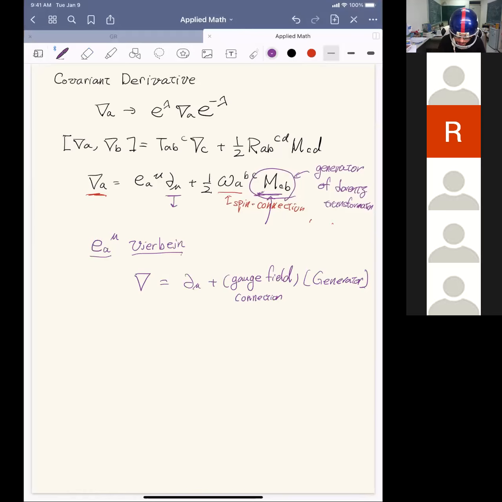So in this context, you see that indeed here you have the Lorentz generator and you have the spin connection. So the spin connection is actually the gauge field for the Lorentz generator.